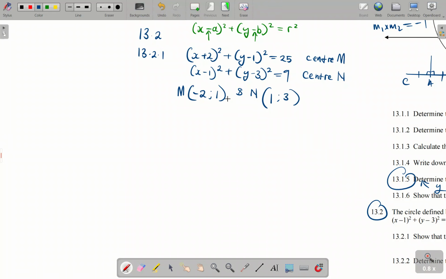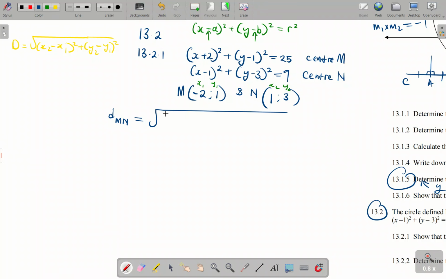So let's find the distance between these two circles, between their centers. Distance MN is equal to the square root of, remember, I will use this formula: d equals the square root of x2 minus x1 squared plus y2 minus y1 squared. So we can term these our x1, y1, x2, y2.